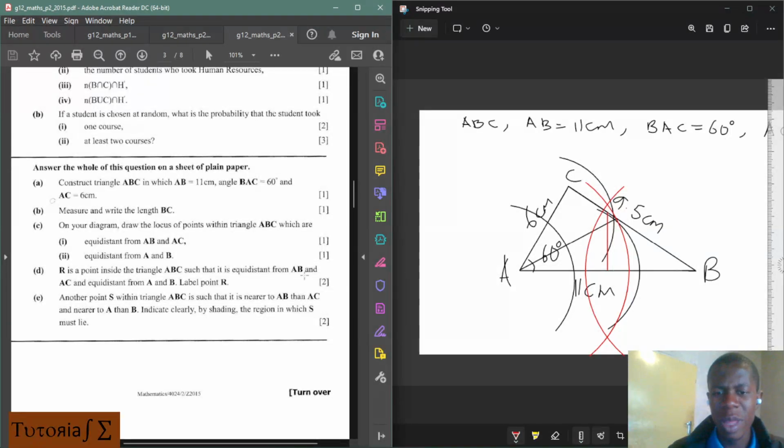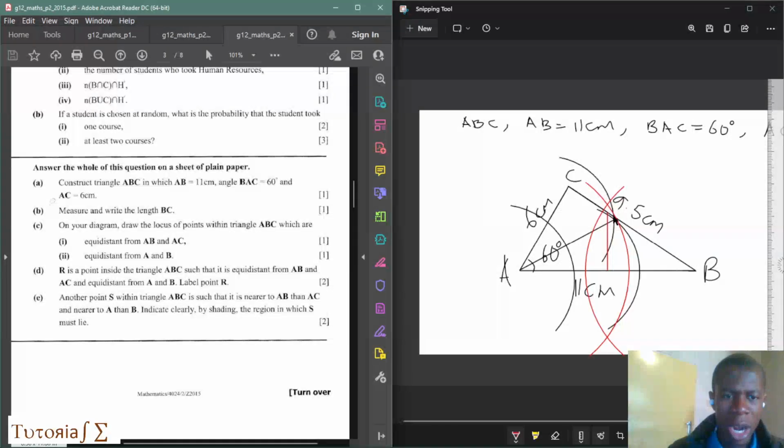When they say equidistant from AB and AC, we mean this line, all right? So R might be on this line. And equidistant from A and B, so it is also on this line.